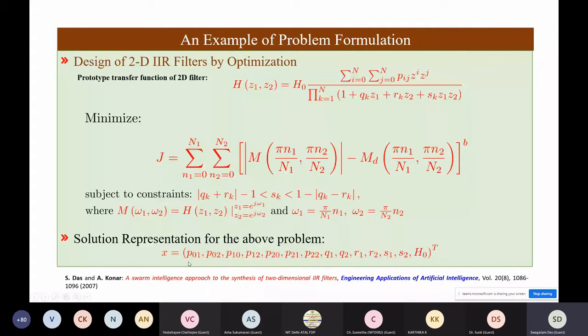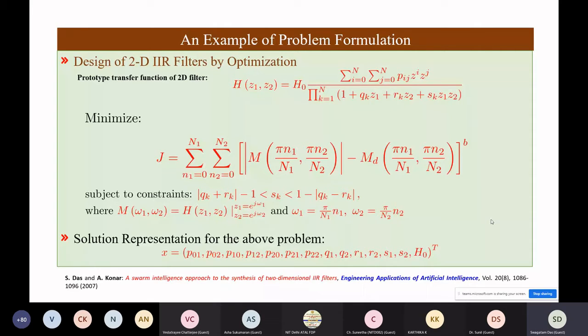Now you will use such a vector as the particle in particle swarm optimization, or a cuckoo's egg in cuckoo search, or you will call it a flower for some versions of artificial bee colony algorithm. You can call it an intelligent water drop, so many different things. But at the crux, you will take up a set of such possible vectors and you will go on changing them in an iterative manner.